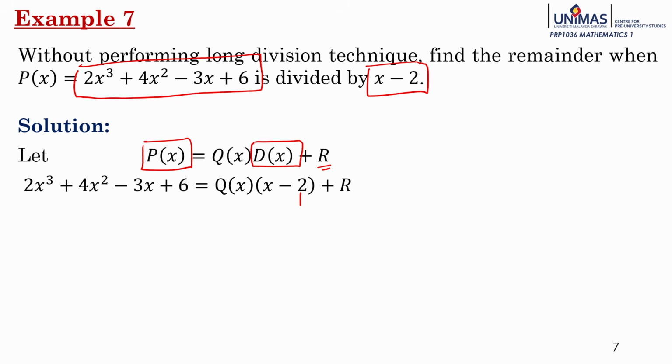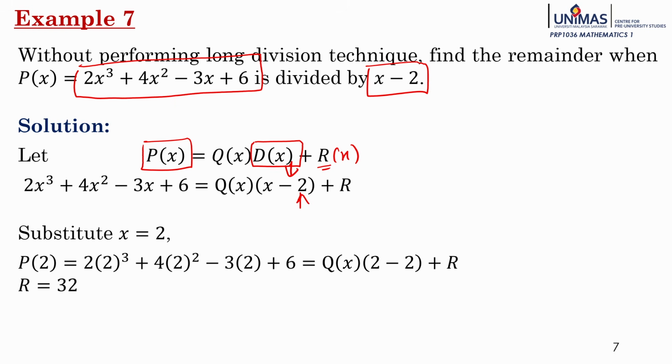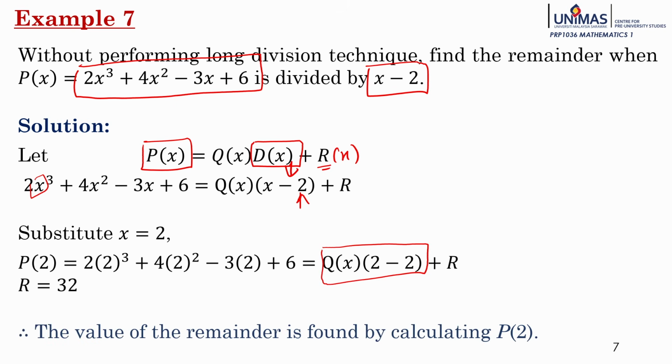Then substitute x equal to 2. To make it 0, it must be 2, because 2 minus 2 is 0. Then we substitute x into 2 in this part, and this part becomes 0. When you solve this, you get the value of r as 32.